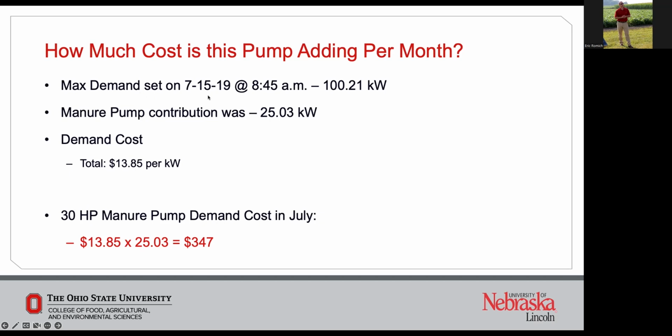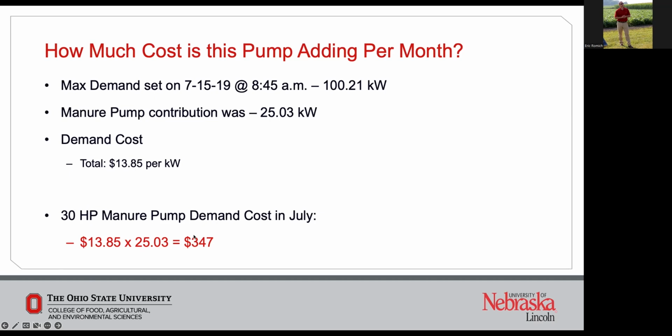Looking at this July example, we set the peak at 8:45 on 7/15, and it was 100.21 kW demand. Now, in that 15-minute demand window, the manure pump was contributing 25.03 kW to the overall demand. I lumped together the various demand charges, based on $13.85 per kW, so that includes the transmission demand charge and the distribution demand charge.